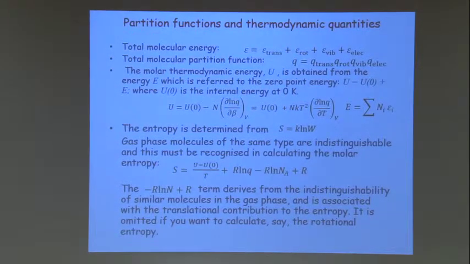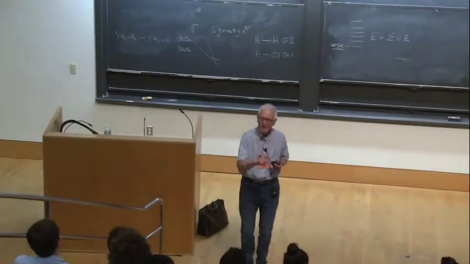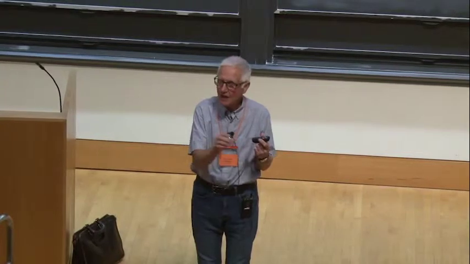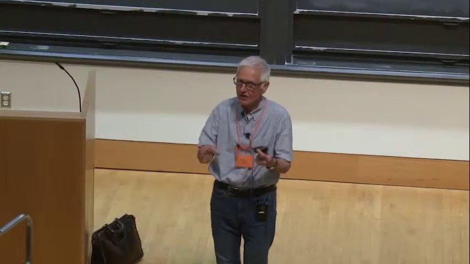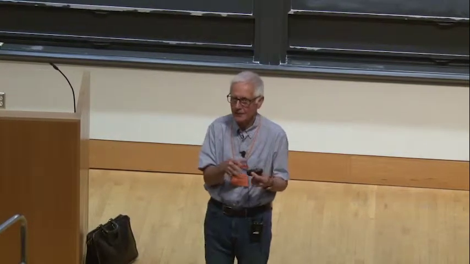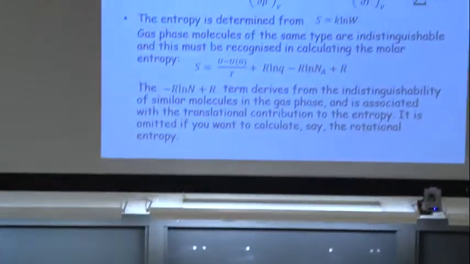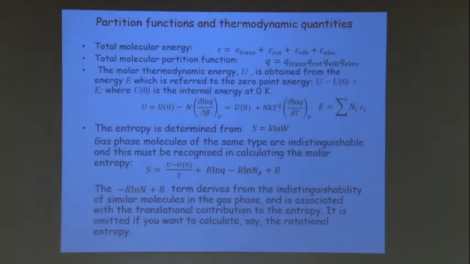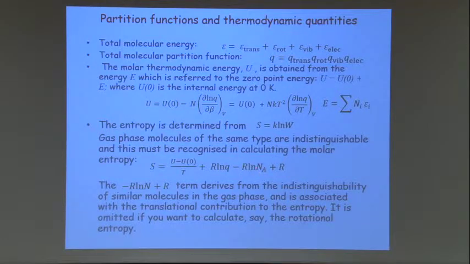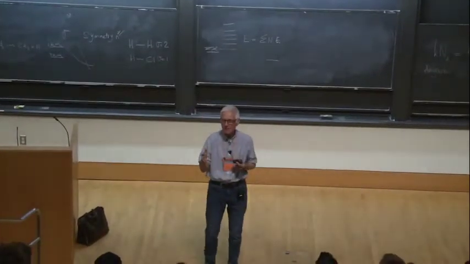And if we've got gas phase molecules of the same type, then when they interchange their positions by translational motion, we can't distinguish the initial situation compared with the final situation. And we need to take account of that in calculating the entropy. And so the entropy is given by U minus U naught over T here, so in other words, N d log q by d beta, plus R log q, and then we've got this additional term, minus R log N_A plus R. And that reduces the entropy because of this indistinguishability of the molecules.